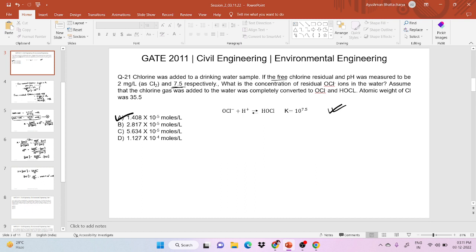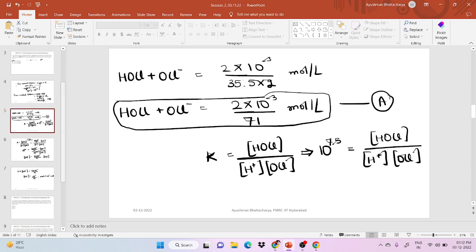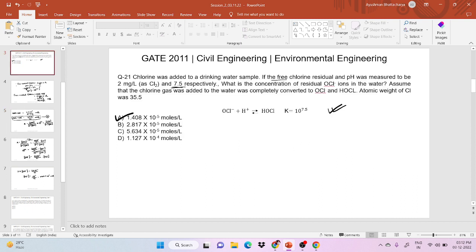So our approach was, we first use the given data like free residual chlorine and pH. Using the given data, we calculate the H+ ion concentration, and then using the free residual chlorine we form equation A, that is HOCl + OCl- is equal to 2 × 10^-3/71. Now after using both these data, we focus on the given reaction.